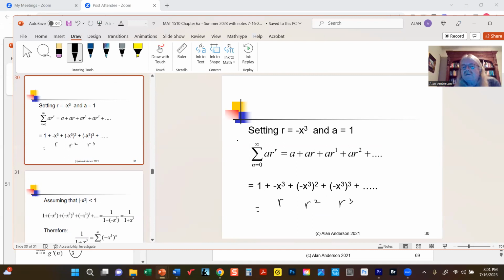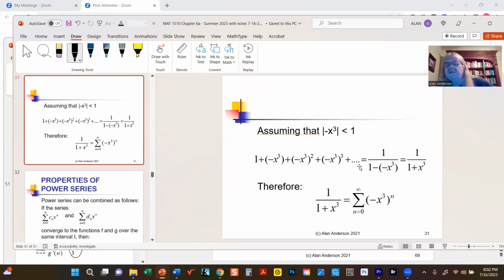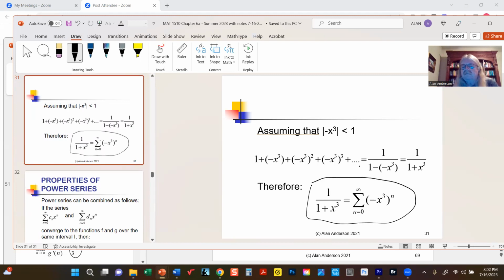If a is 1, this is what we have. So it is a geometric series where the r is negative x cubed to the n. So that means that these are equal to each other. Interesting.